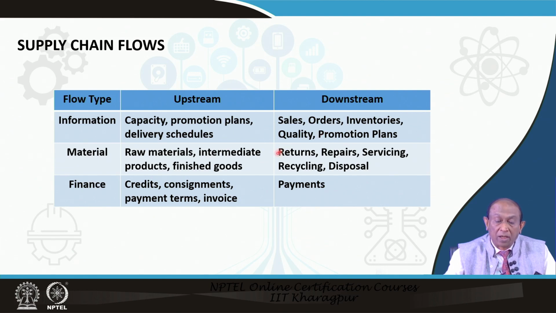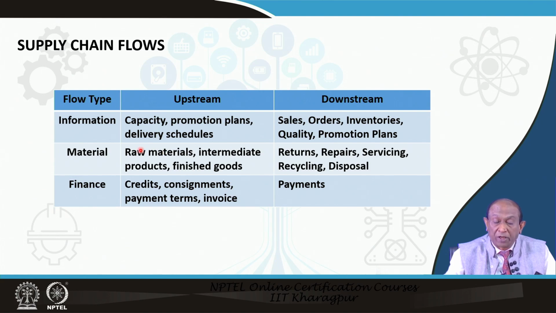Now, again, with respect to material, what is the information? What is the amount of raw materials in stores on the upstream side? What are the intermediate products? What are the finished goods?